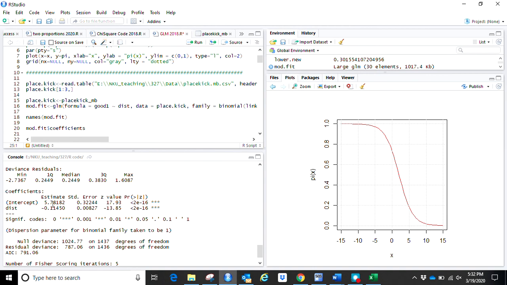And you'll see there are the same alpha hat and beta hat that we were given as well. So there's where those two values show up. What we also get, which are going to be very useful for us, is some p-values and z's as well.